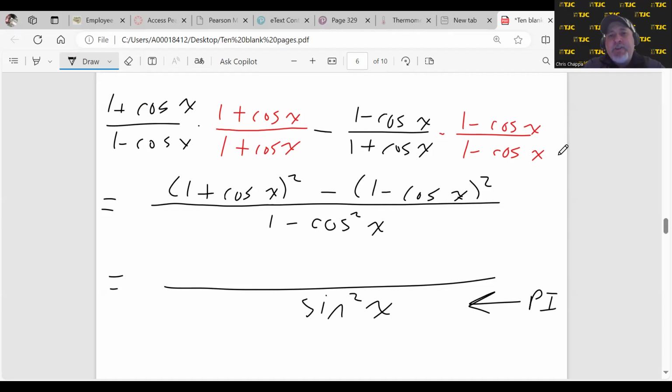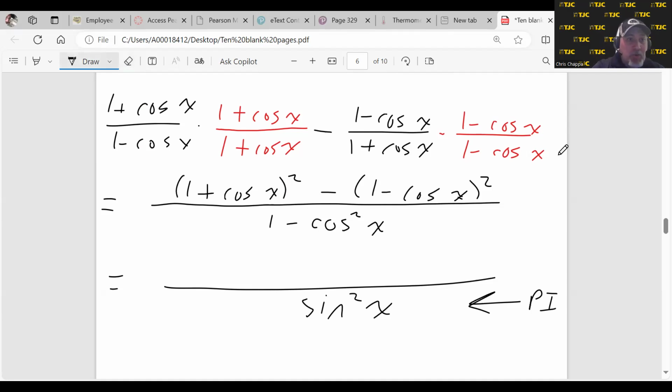Now, the casual algebra student, what they would do on the top is write both parentheses, FOIL everything out, and then be careful to distribute the negative across the second result. But if you have a little bit more global perspective of the numerator, you'll notice that it is a difference of squares.